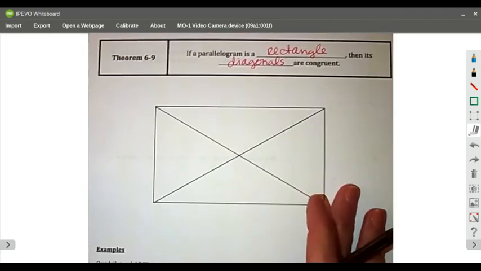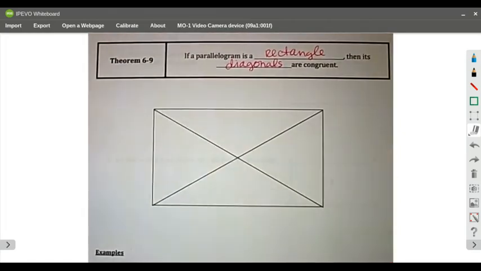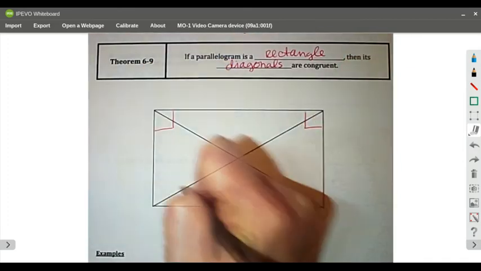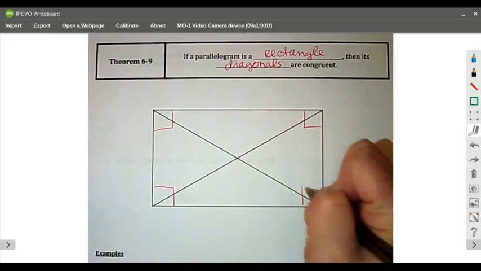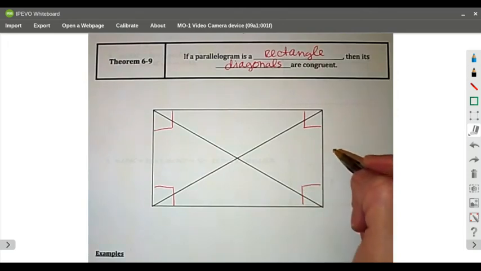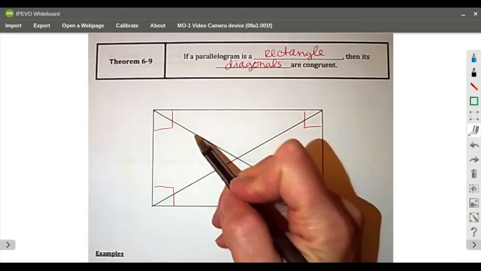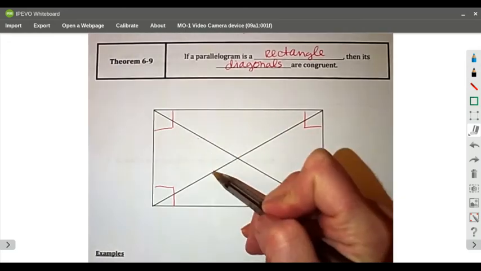So I'm just going to label right here what's true about a rectangle, because there's kind of a lot. It has 4 right angles. That's the first thing about a rectangle that's not true about a parallelogram. And then the diagonals are congruent. Since it's a parallelogram, the diagonals also bisect each other. So these 1, 2, 3, 4 segments are actually all congruent.